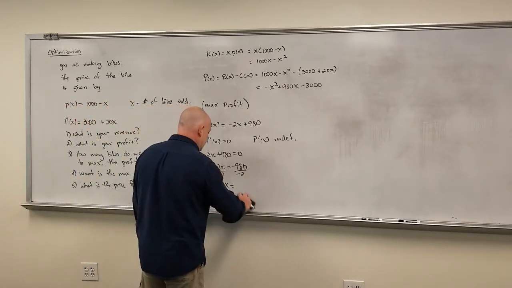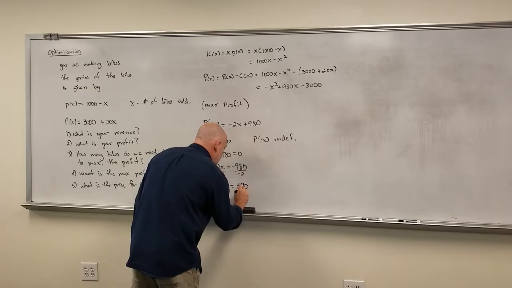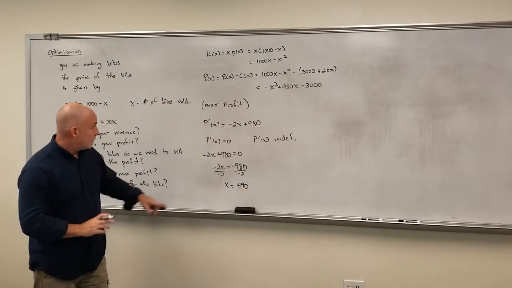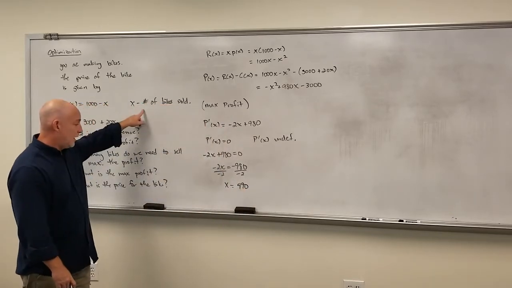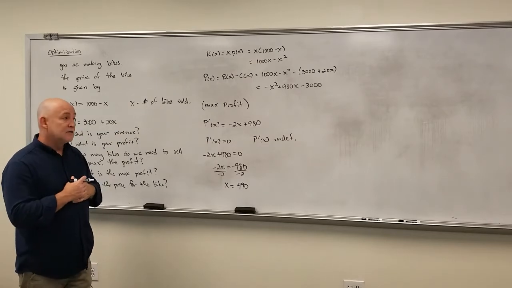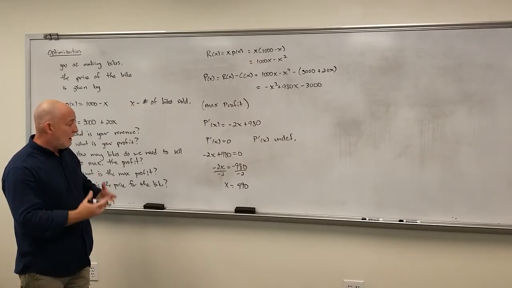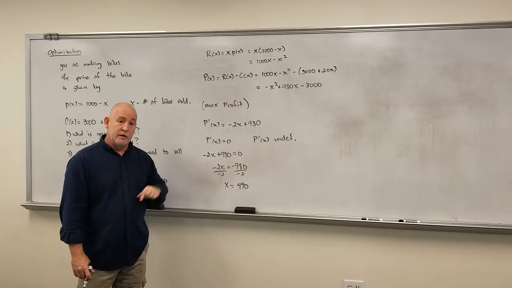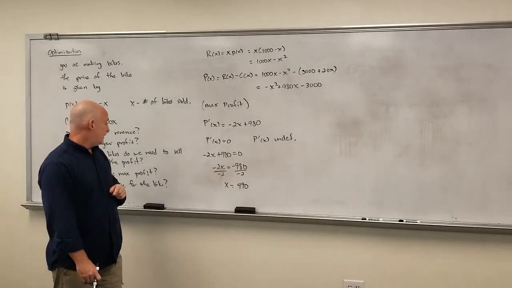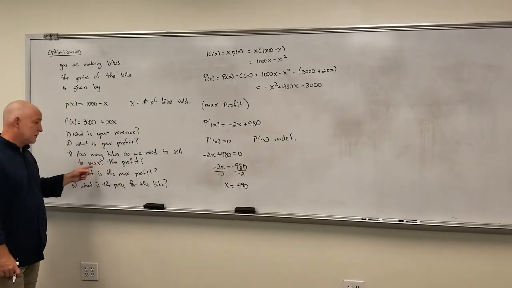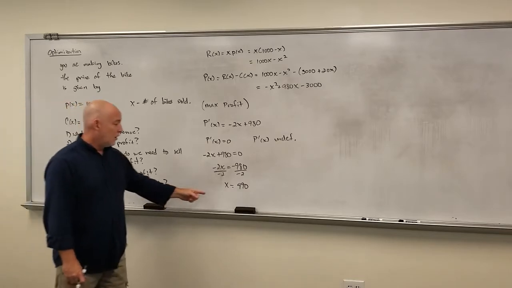I can't divide. 490. Okay, so what does this value stand for? Well, x is the number of bikes sold. So if we want to maximize our profits, we need to sell 490 bikes. So that's this question. How many bikes do we need to maximize our profit? We need to sell 490.